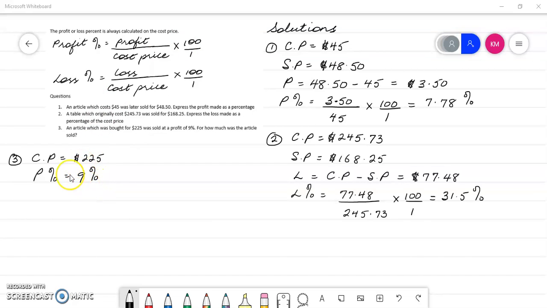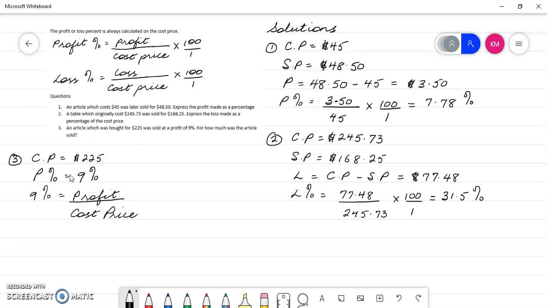So this 9% here actually means this was calculated saying profit over your cost price. Right? There's no need to multiply it by 100 over 1 because it's already in percentage. So that is what that 9% really means. 9% means that it was calculated saying profit divided by cost price.